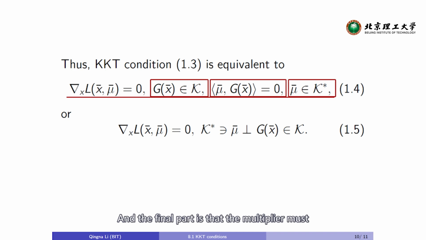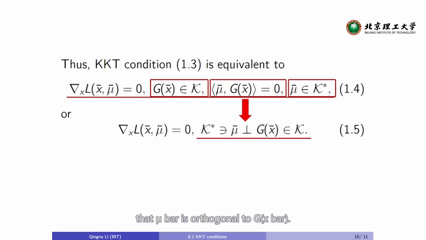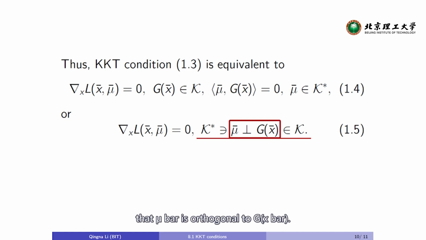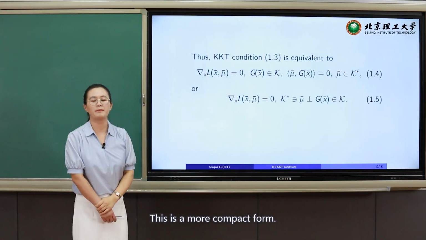And the final part is that the multiplier must lie in the dual cone of K. If we rewrite the last three parts in another form, then mu bar is orthogonal to g(x bar), mu bar lies in the dual cone of K, and meanwhile g(x bar) lies in the cone. Okay, so this is a more compact form.